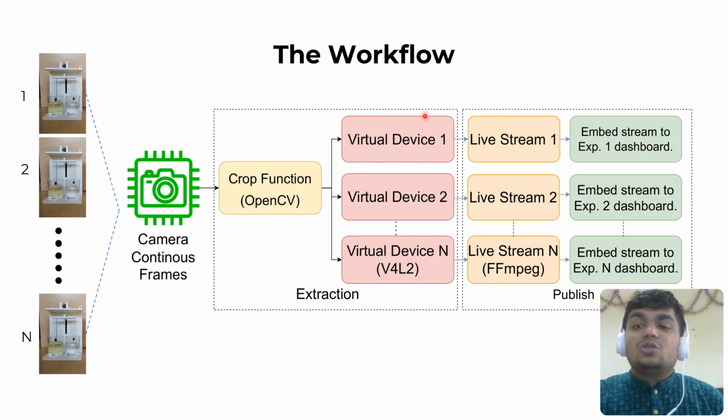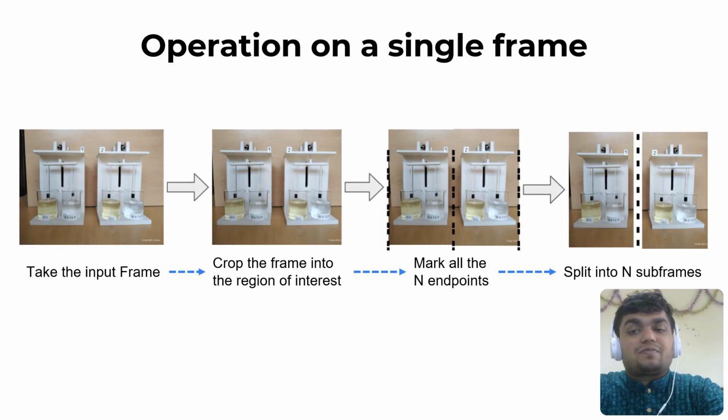FFmpeg is used to capture the feed in each virtual video streaming device and push it to its respective YouTube stream key. Once these streams are on YouTube, the embeddable streams are pushed from there to the dashboard. This entire workflow is taken care of by the Raspberry Pi.